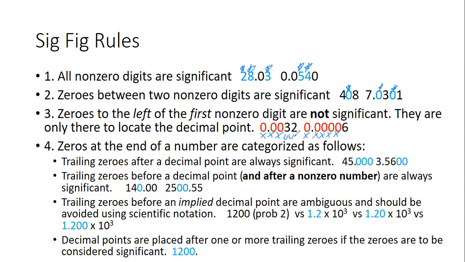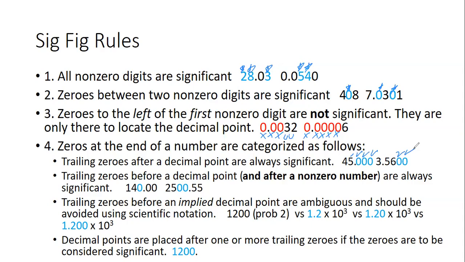However, any zeros to the right of a decimal point and to the right of a real number are significant. So if a researcher is reporting 45.000, they're saying with confidence, I know these 3 digits are 0.